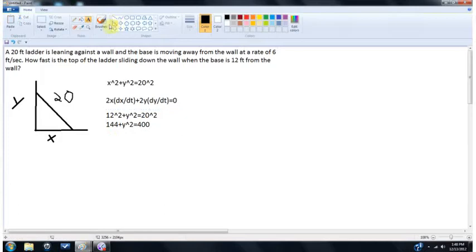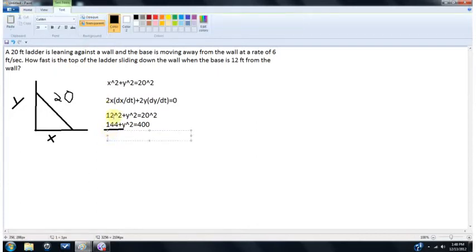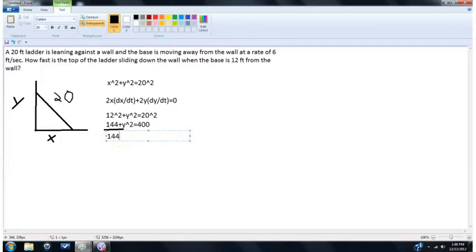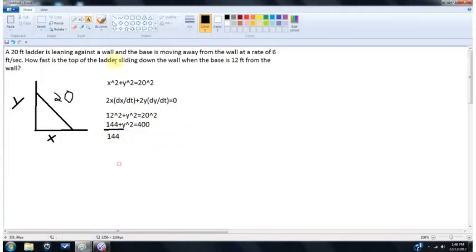And we isolate 144 and that cancels out, and we put it under 400.